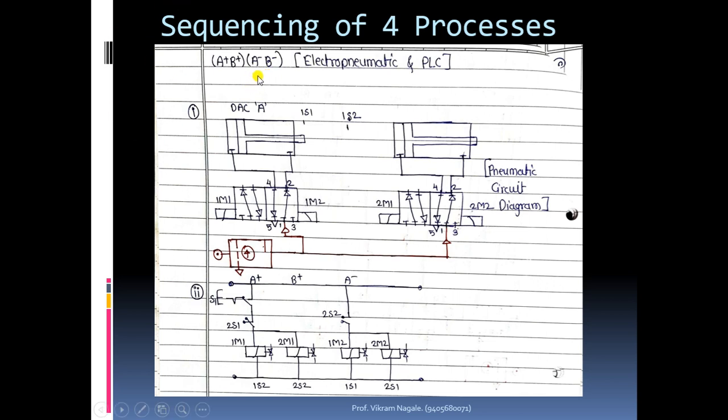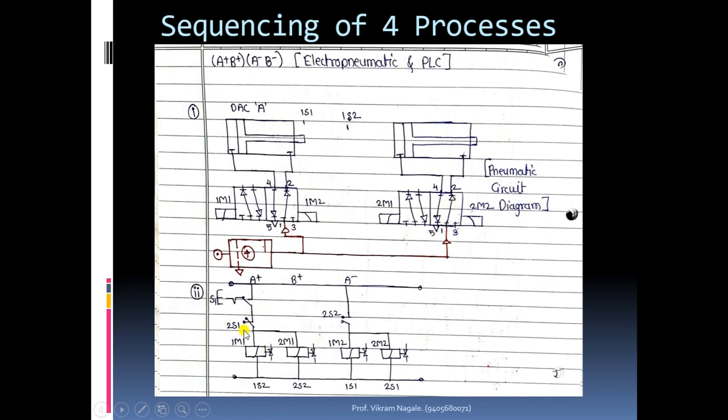So for this case, after A minus, we are taking feedback from 2S1, and it is given to get A plus and B plus process together. So here you can see 2S1 is connected to this 1M1 and 2M1, means the supply is given to these two coils, it is divided.